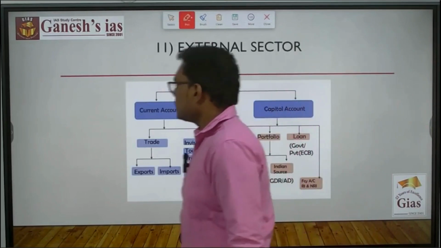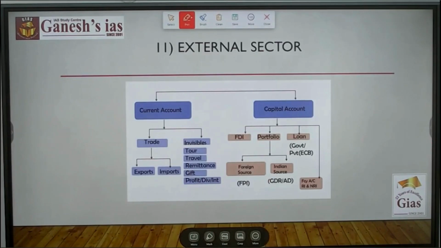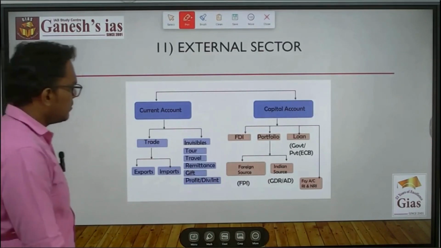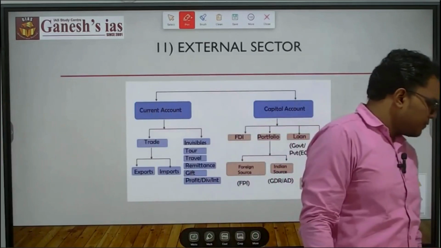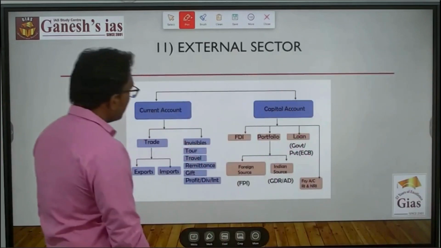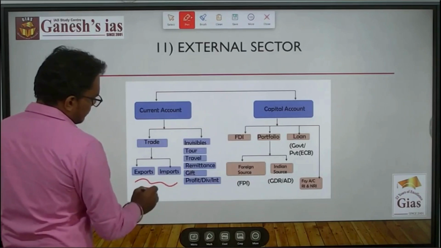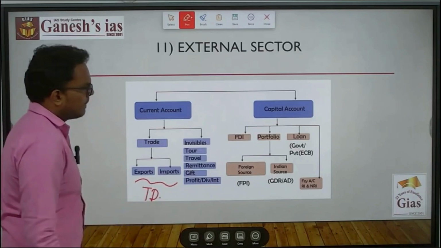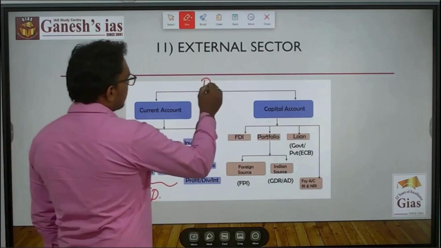Next is your external sector. As I said, in your external sector you'll have the current account and the capital account. In your current account, you have trade, so this is your trade deficit, and this is your balance of payment.